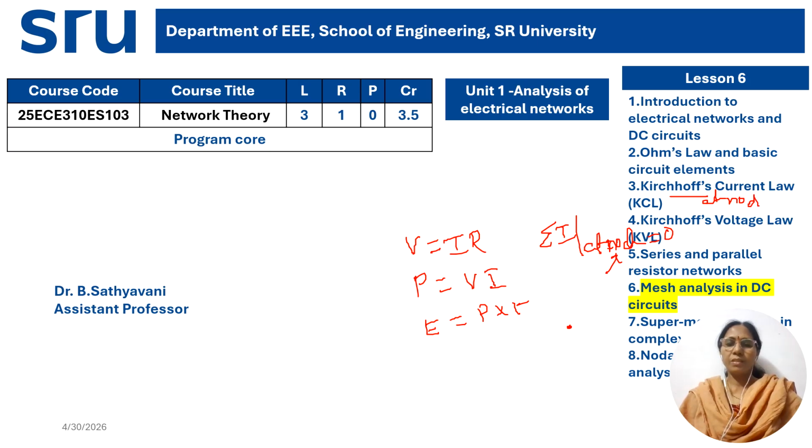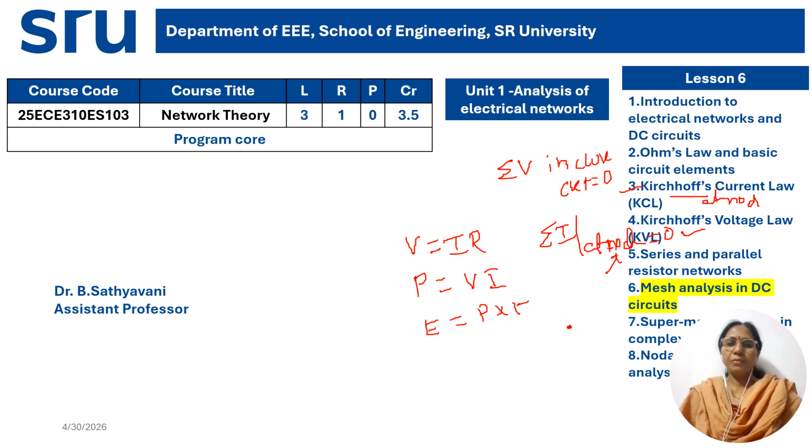We discussed this with a few problems. Then in the fourth lesson, Kirchhoff's voltage law: according to this law, the algebraic sum of voltages in a closed circuit equals 0. A few problems we solved. If you want to know about these things, just go through my previous lectures 3 and 4 about Kirchhoff's voltage law and Kirchhoff's current law.